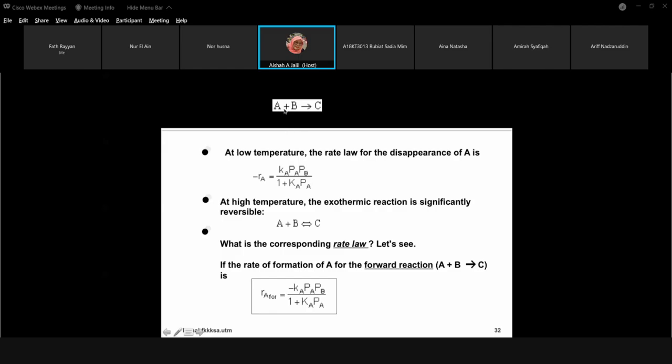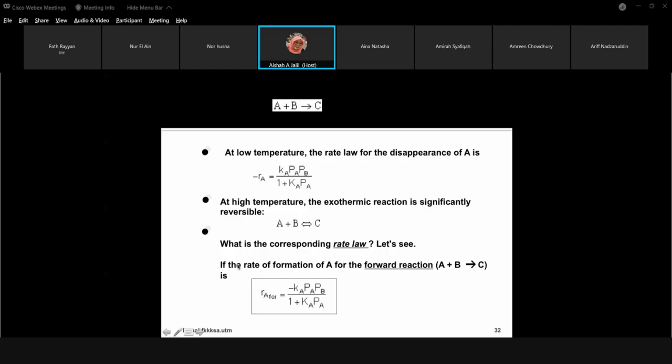So for the reaction to the right, for the forward one, A plus B to C, the rate law becomes like this. So at high temperature, the exothermic reaction is significantly reversible. So meaning the C will reverse to the A plus B, okay? And then what is the corresponding rate law?